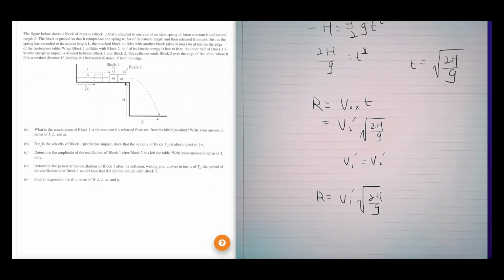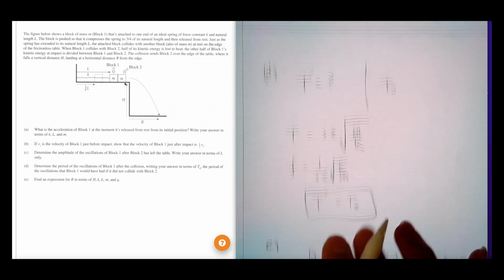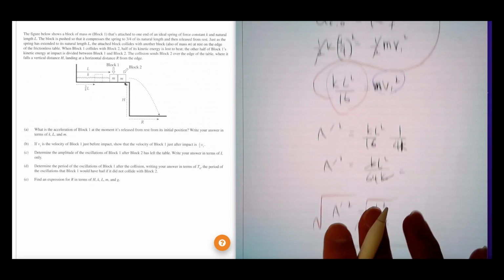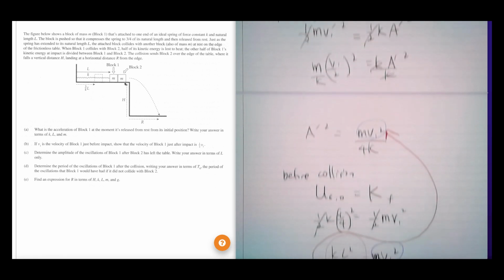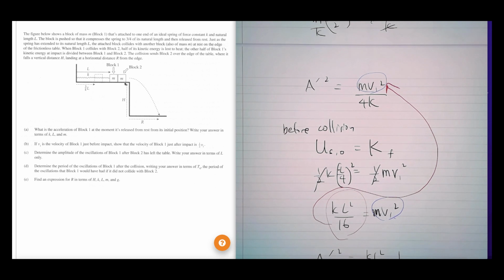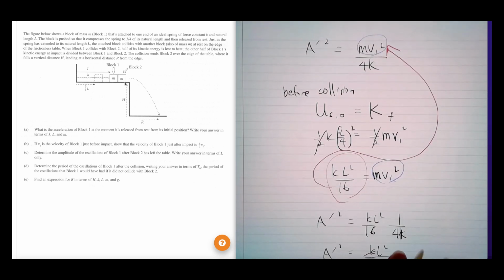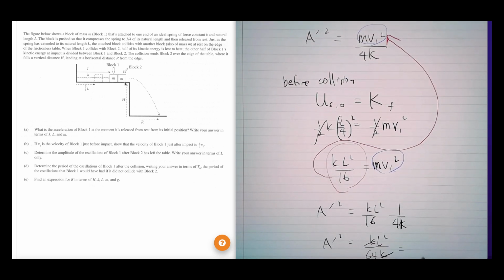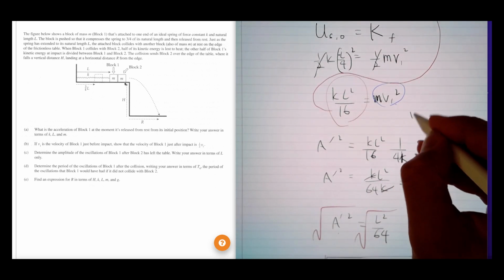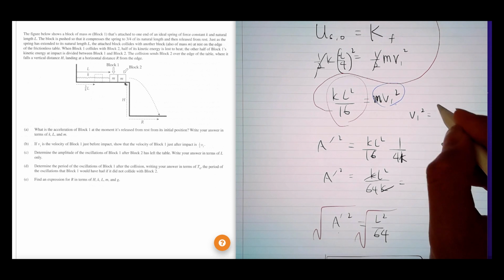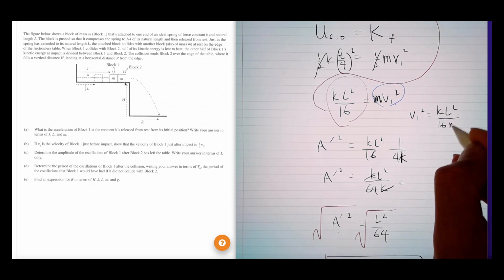So how do we do this? Well, we got to go back to one of our answers in the earlier problems, and see if you can spot the b1 prime in terms of L, because we can use L here. So right here, we got the b1 squared equals kl squared over 16m.